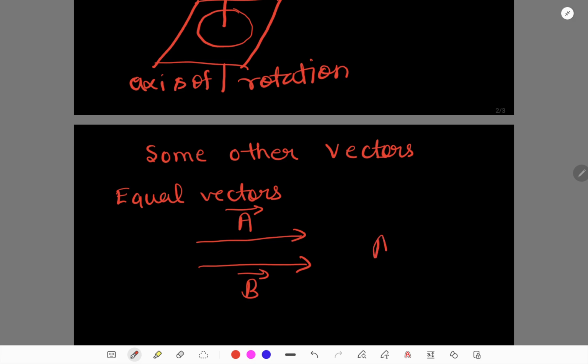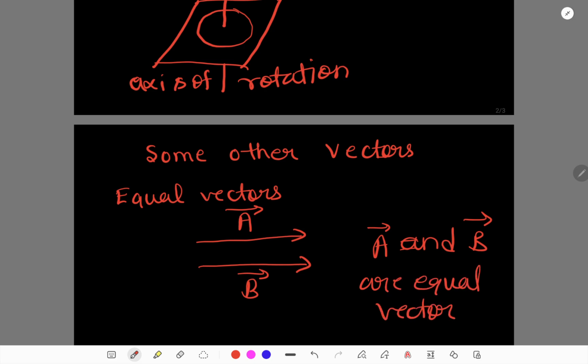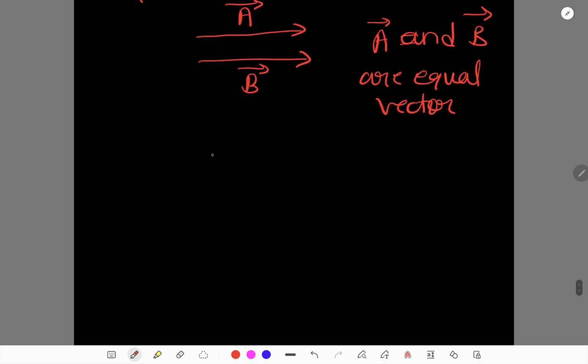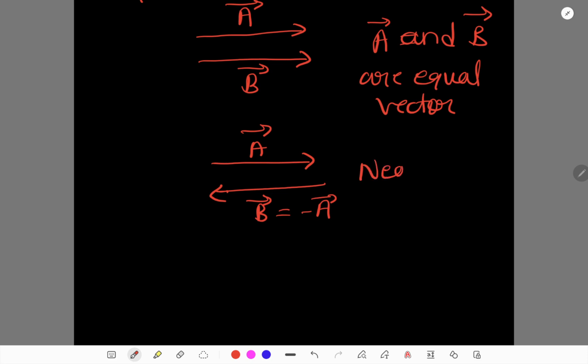So we can say that vectors A and B are equal vectors. If these vectors are in opposite direction, just like that, we can say that this is a negative of a vector.